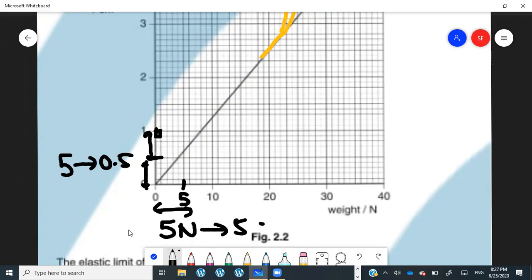So what you need to do is just count the number of boxes, and for each box, assume that each box means one unit of area.